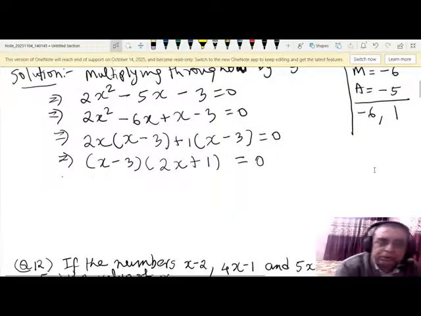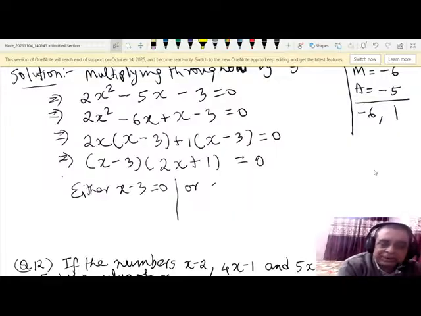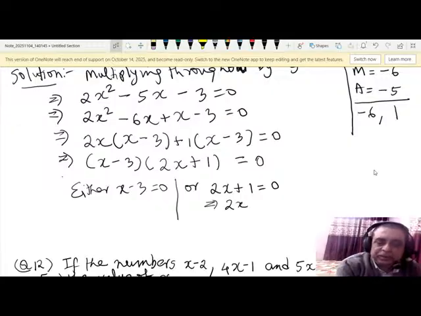When the product of two expressions is 0, either the first expression x minus 3 is equal to 0, or the second expression 2x plus 1 is equal to 0. From 2x plus 1 equals 0, moving to the other side, it is minus 1.